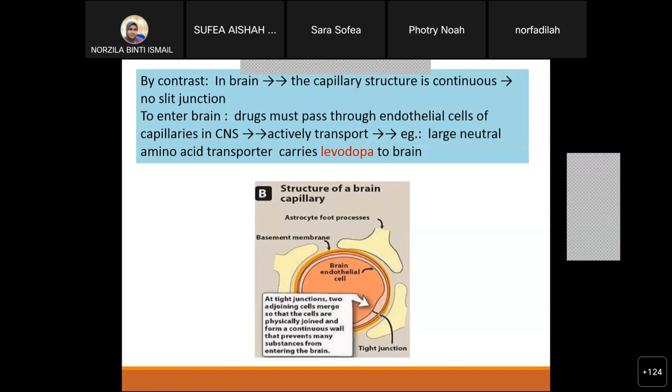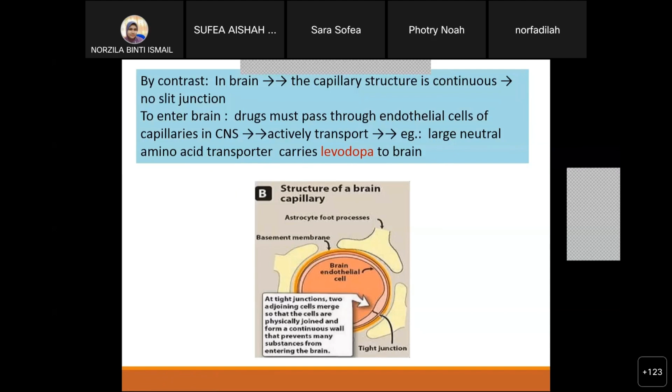Some drugs can enter the blood vessels of the brain only through carrier proteins. So the important point here is that drugs that can enter our brain are very limited. An example here is levodopa. Levodopa only uses the large amino acid transporter, a carrier protein, to enter the blood vessels in the brain. Are you confused?